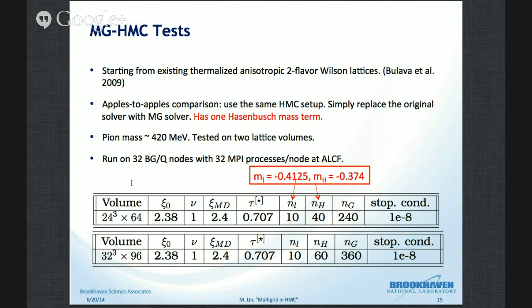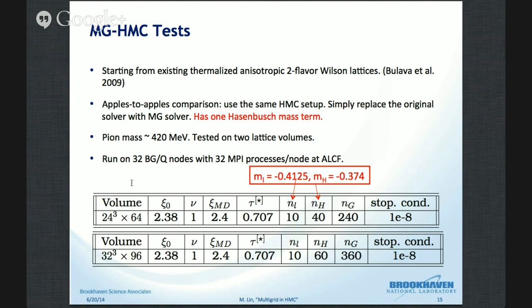This was run on 32 Blue Gene/Q nodes with 32 MPI processes, so it's equivalent to about 1024 cores. The reason we chose such a heavy mass and these small volumes is that we wanted to first make sure the code actually works. It also allows us to run the tests within the constraints of the test machine at Argonne.